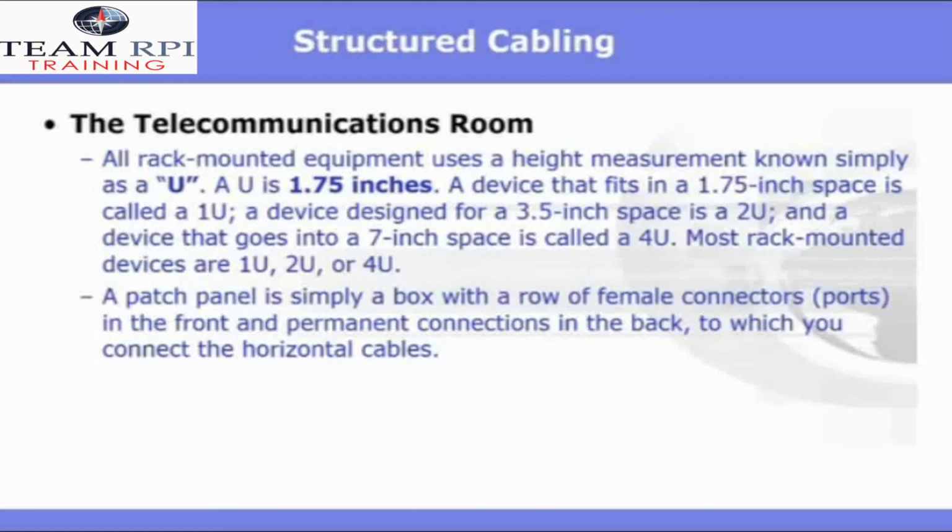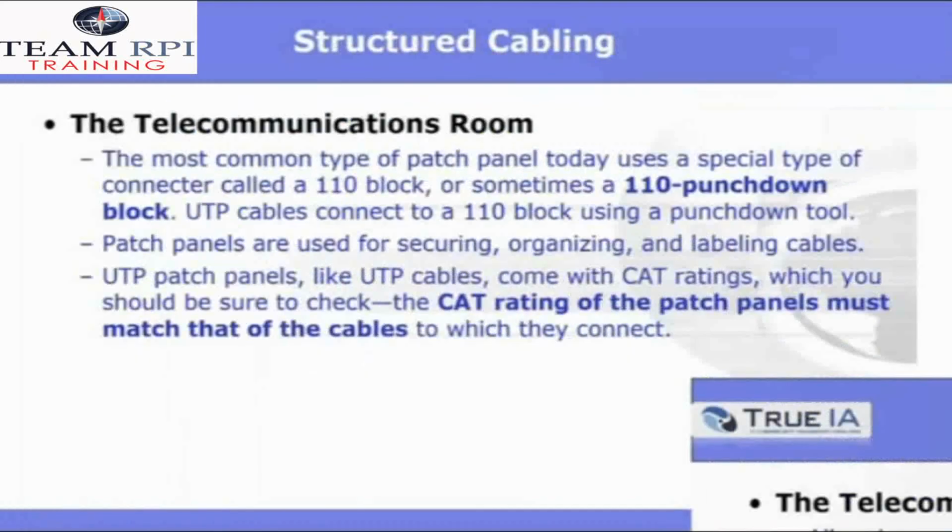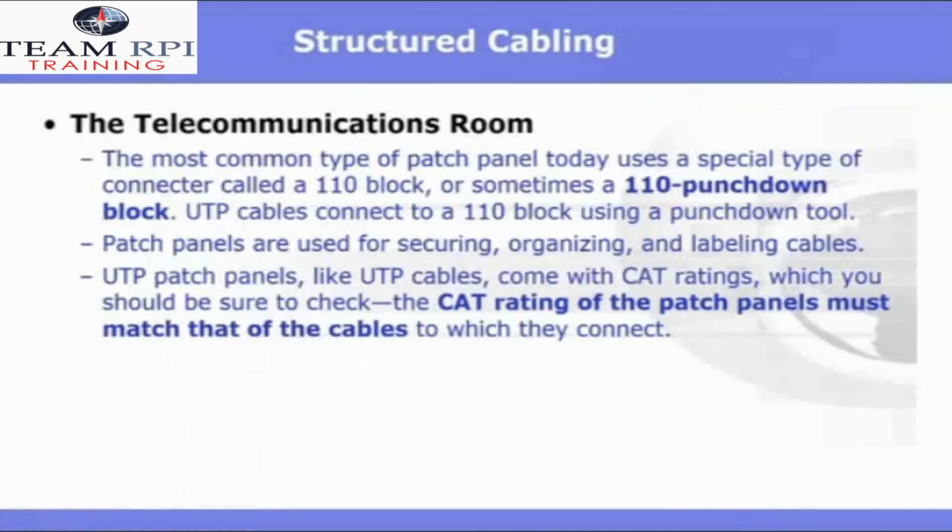Next, we have to have some way to connect all these devices together. We do that via the patch panel. The patch panel, sometimes called a 110 block or a 110 punch-down block, is where you're going to connect all of your Cat5 cabling.